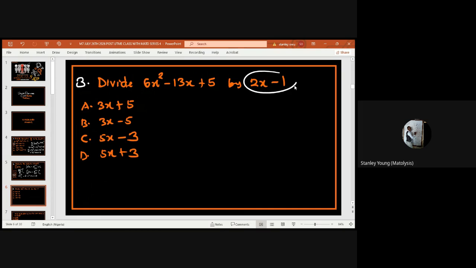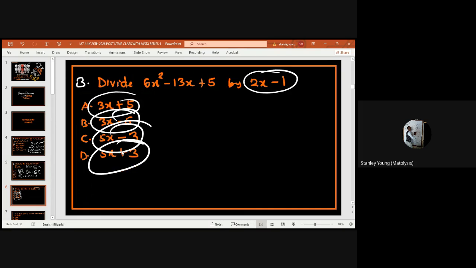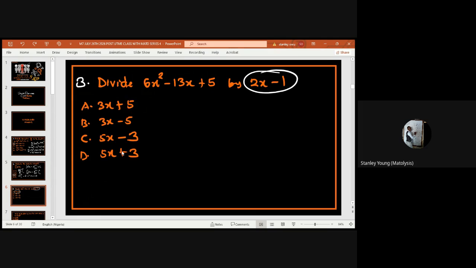Since this and whatever the answer should be should multiply to give the original expression, you try to carry out that multiplication. Now, if I do 3x multiply 2x, that gives me 6x squared. And if I do the last one, 5 times -1, that would have been -5.